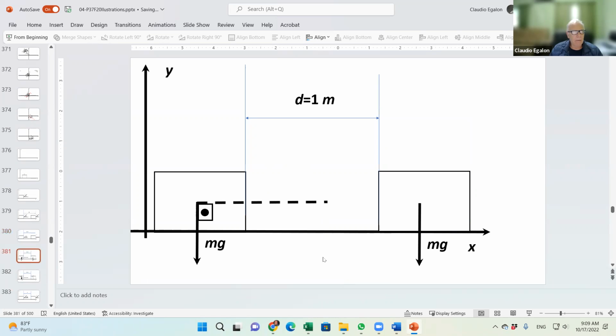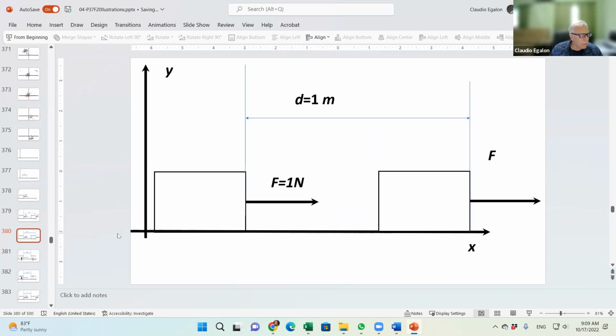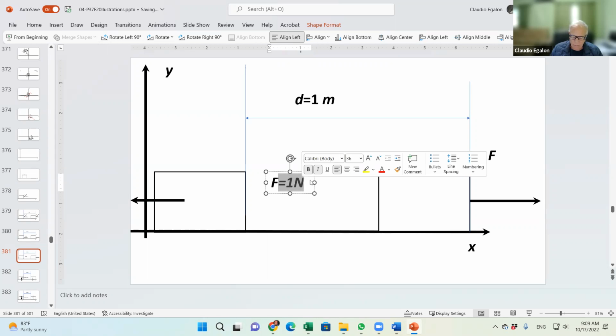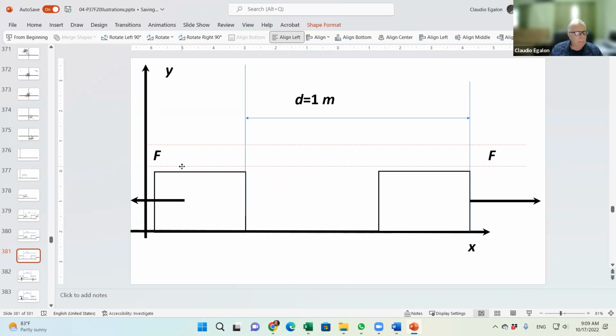And then we can have other cases. Let's see, I'm going to illustrate the case of the work being negative. I'm not going to put values there. Force anti-parallel to the displacement.